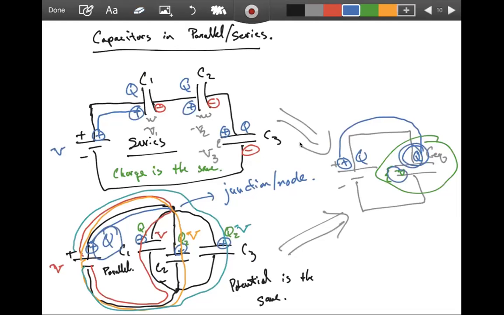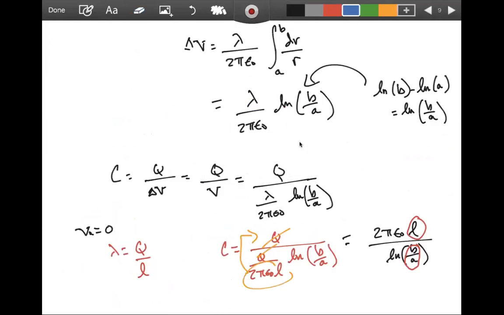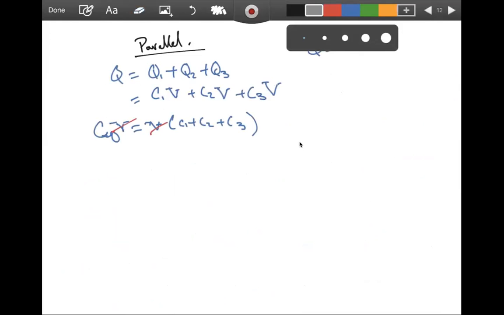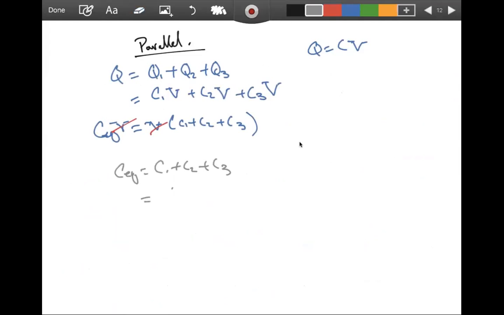And again, this potential is exactly the same as the potential from before, which means I can rewrite my charge as CEQ times the potential. Since this potential is the same, because everything is in parallel, CEQ is simply equal to C1 plus C2 plus C3, or in summation notation, the sum over all the capacitances.